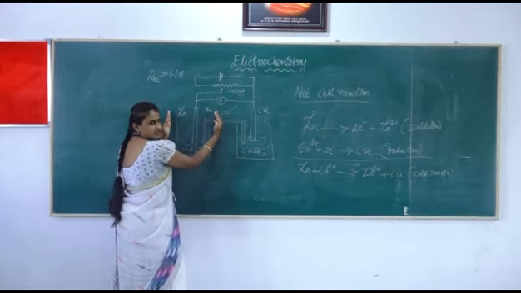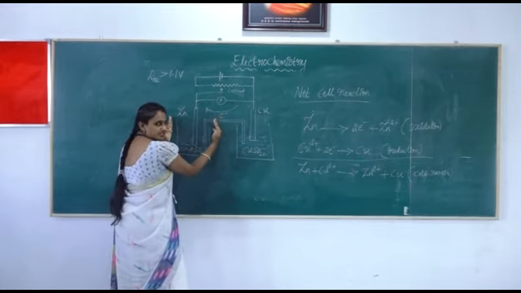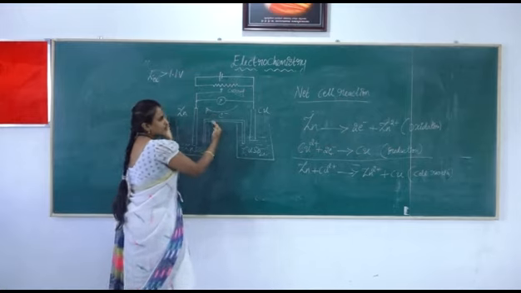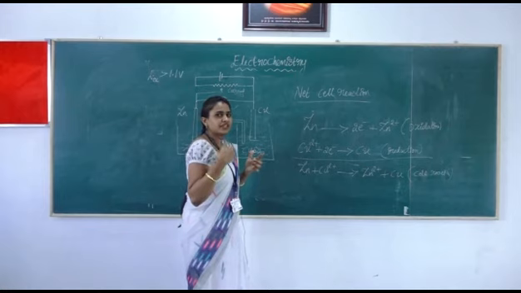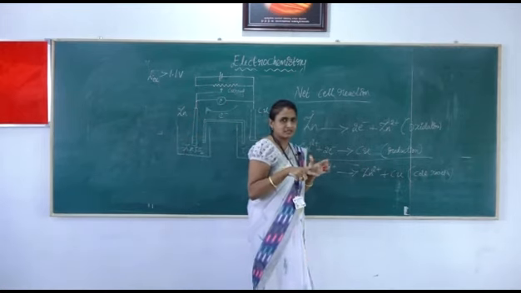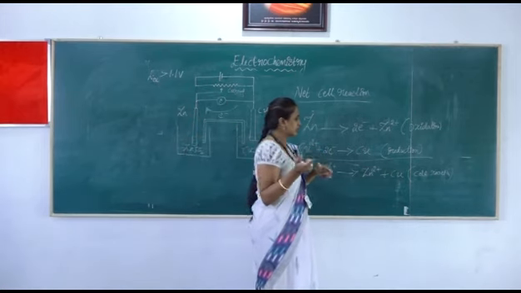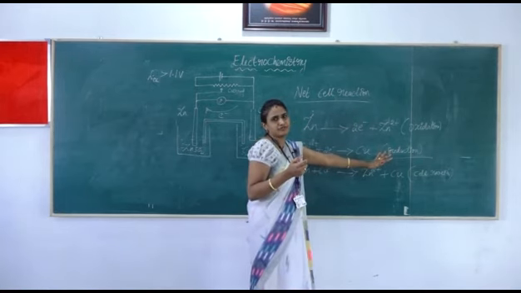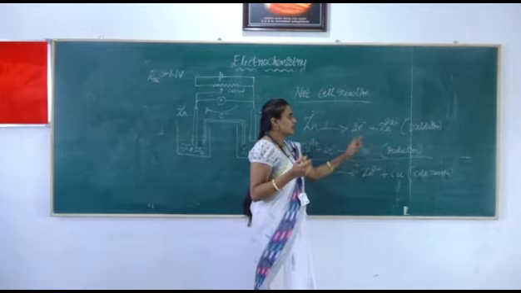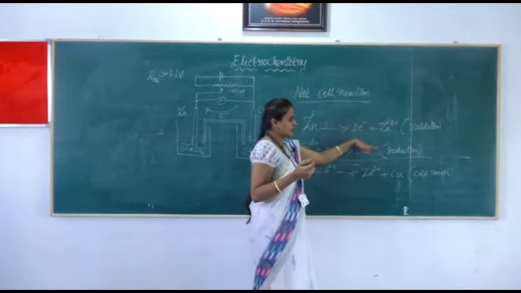This is called an individual cell, a half cell, which undergoes oxidation or reduction. The net potential between the half cells will be called the cell potential. This is the overall cell reaction of your Daniell cell based on oxidation as well as reduction.